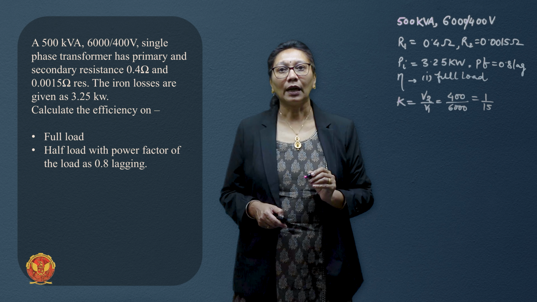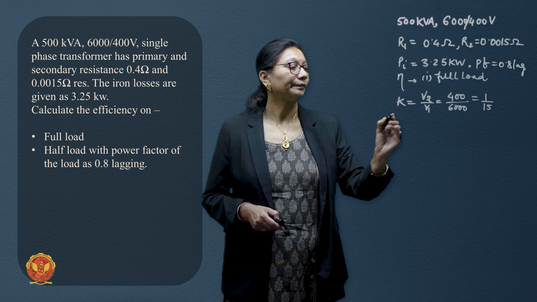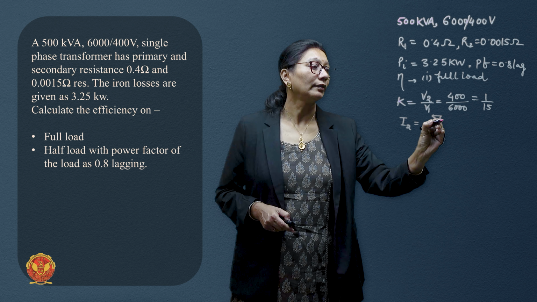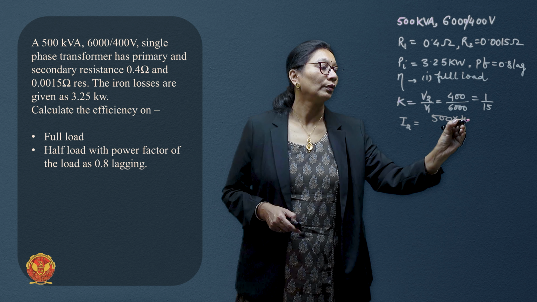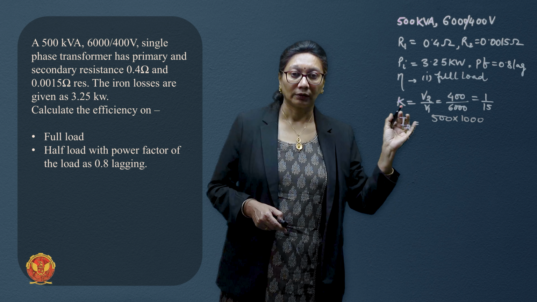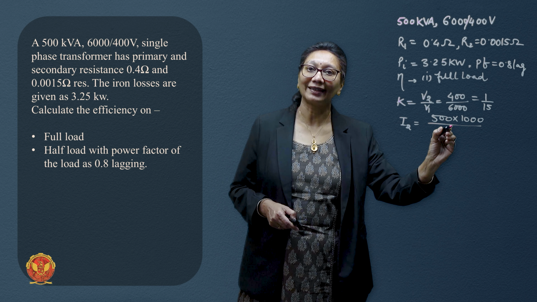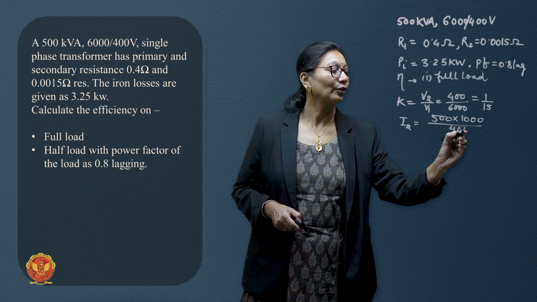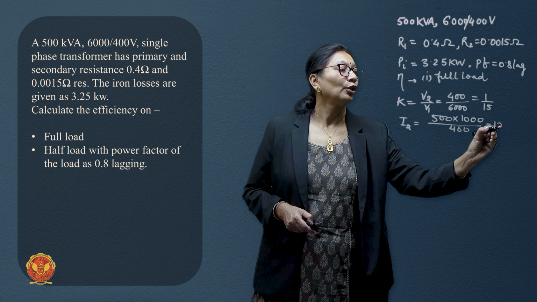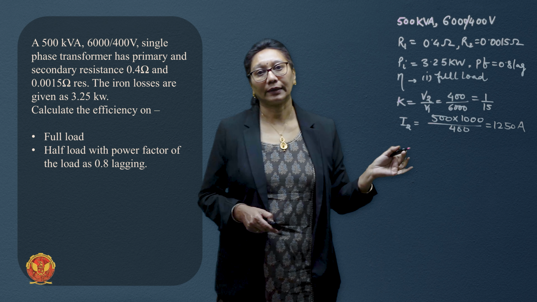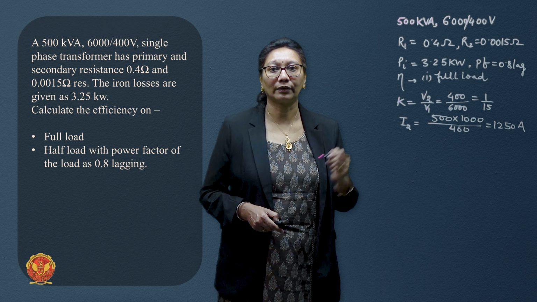Now I2 would be the full load kVA rating, 500 into 1000, which is 500,000 volt ampere, divided by the secondary voltage, that is 400 volt. So we are getting 1250 ampere as the current flowing in the secondary winding.